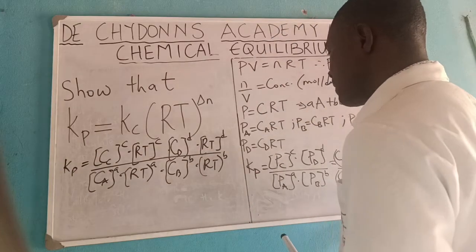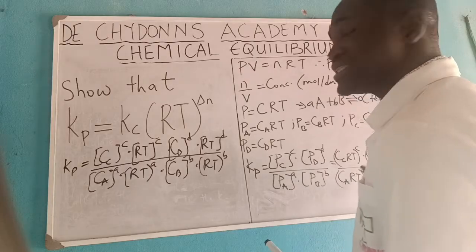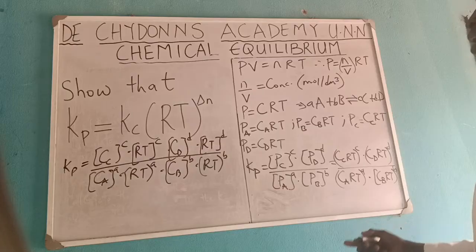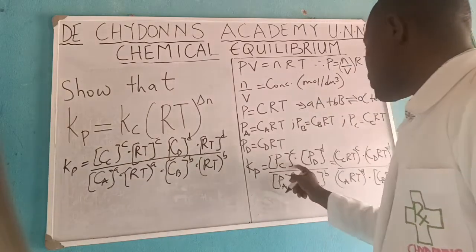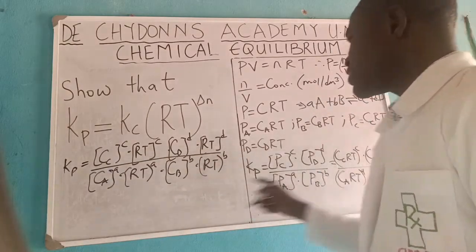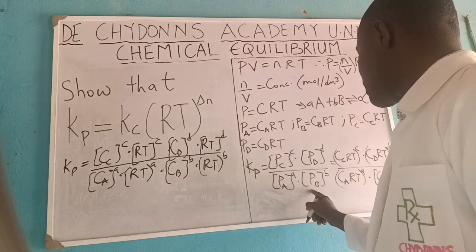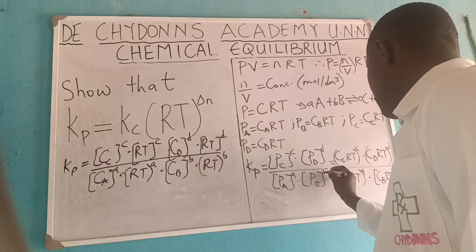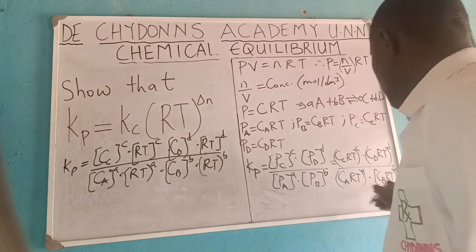You have it now. That is about simplification using the indices method. Now, this times this will give you this. This times this will give you this. This times this will give you this. Then this times this will give you this.